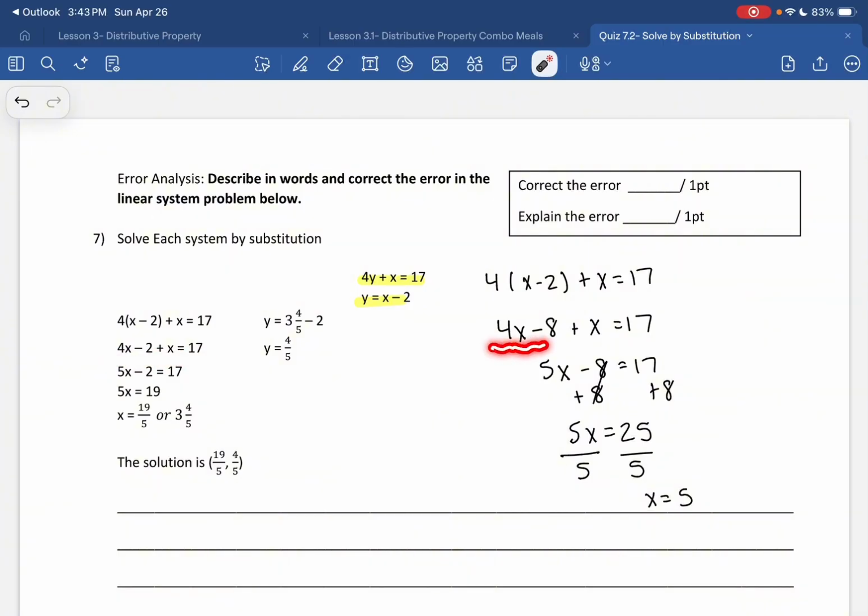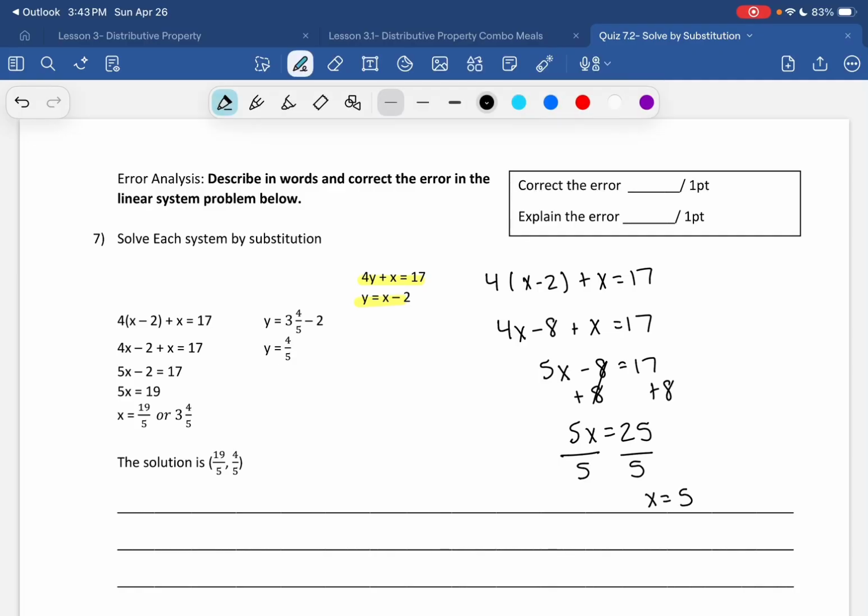We have 4x minus 8 plus x equals 17. So we know that the problem lies right here. They did not distribute 4 to negative 2. So when you explain your error, you're going to say that they did not follow the distribution property correctly. They did not distribute the 4 to the negative 2.